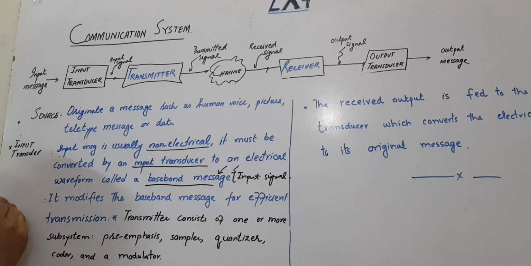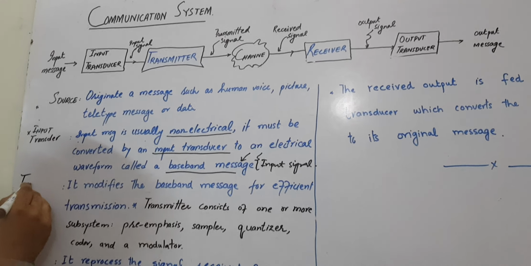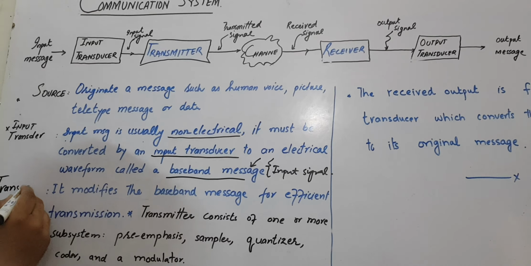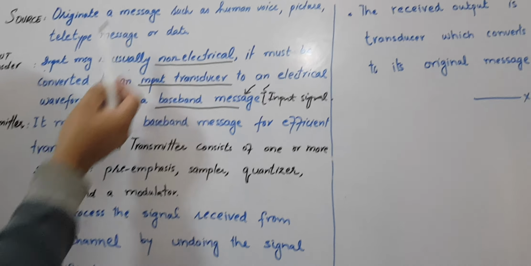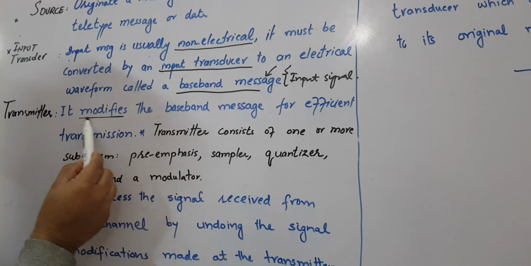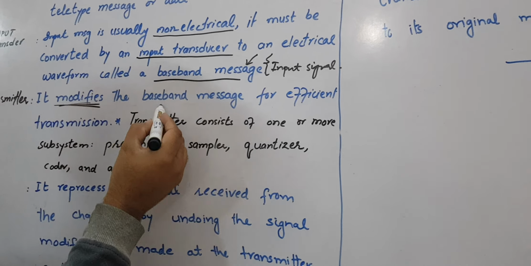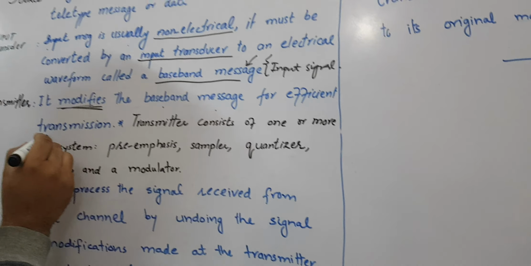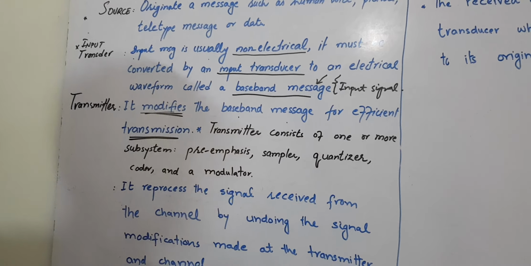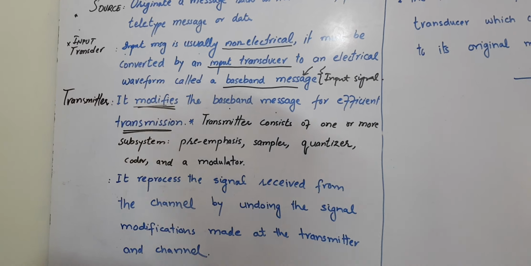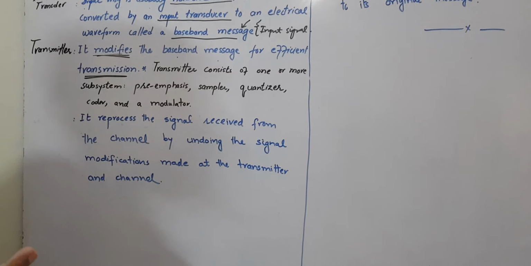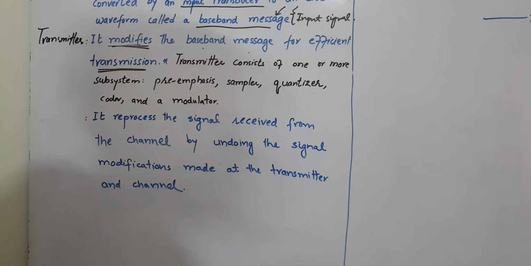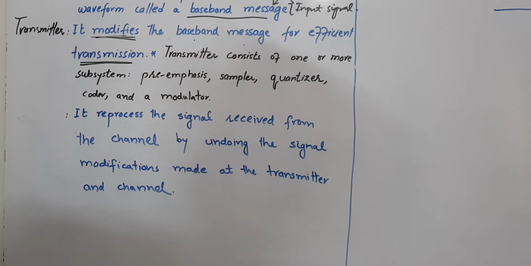And then after that you have the transmitter. What the transmitter does is modify the baseband message for efficient transmission. Basically you want to transport your message from one city to another city, or from one country to another country, or from one place to another, over a long distance.